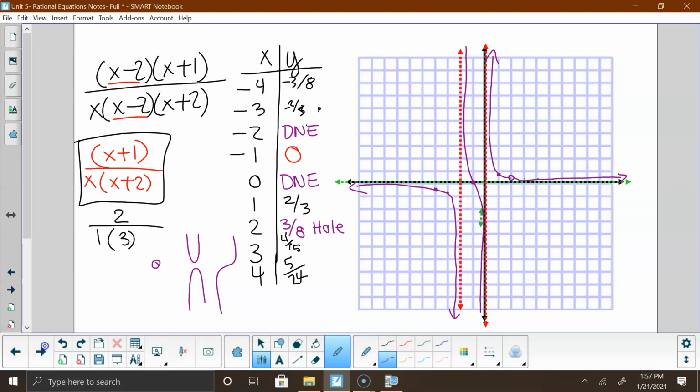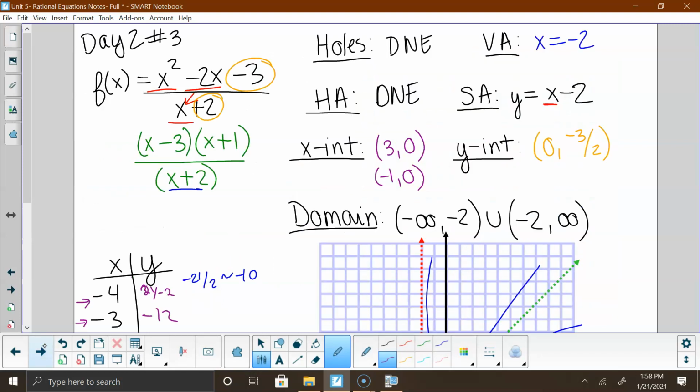Okay. You want another one with a slant asymptote? And first period asked for one that officially had a y-intercept. Do you want that too? So, the one I've got came off of the homework.